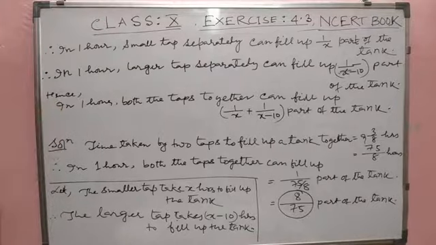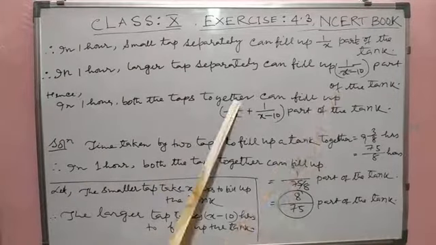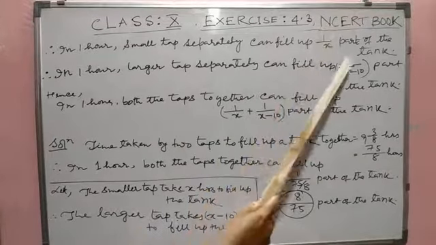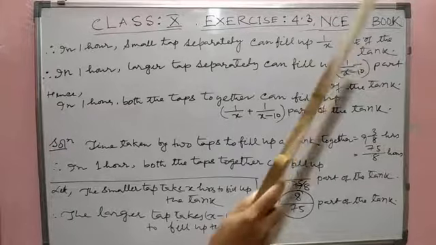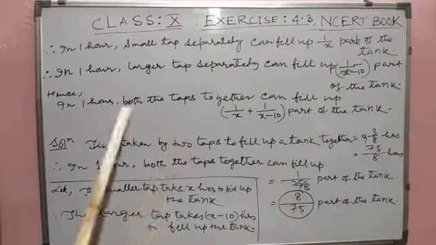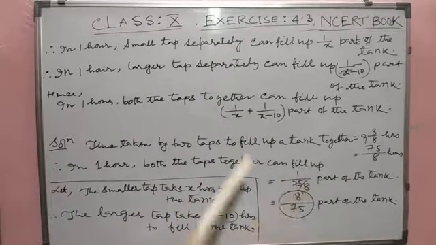The smaller tap in 1 hour fills 1 by x part, the larger tap in 1 hour fills 1 by x minus 10 part. Now if we start both the taps together, then in 1 hour they can fill up 1 by x plus 1 by x minus 10 part of the tank.